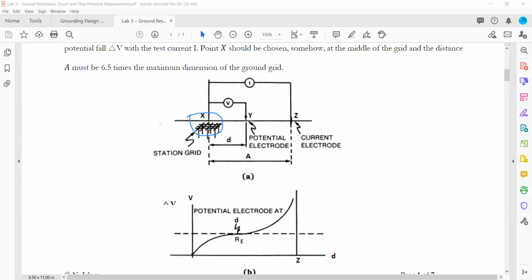So let me show, let me watch a video related to it. It will explain to you the touch and step potential, which you already know. On top of that, I will tell you what the remote earth is.